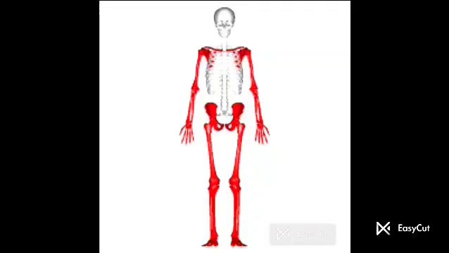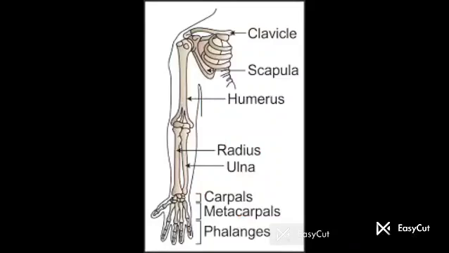When we look at its structure, we see that the forelimbs are formed of the topmost bone of our arm, which is called the humerus. Next to the humerus are two bones called radius and ulna. Next are the carpals, which are the wrist bones, and they are 8 in number.